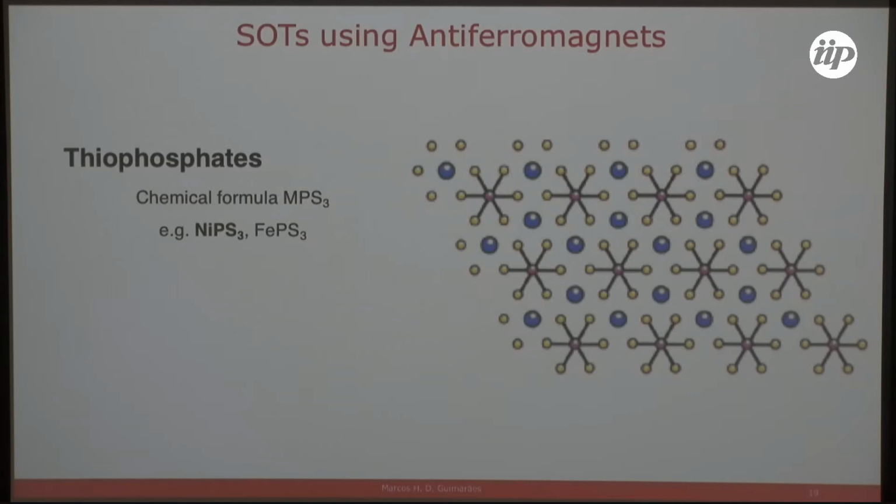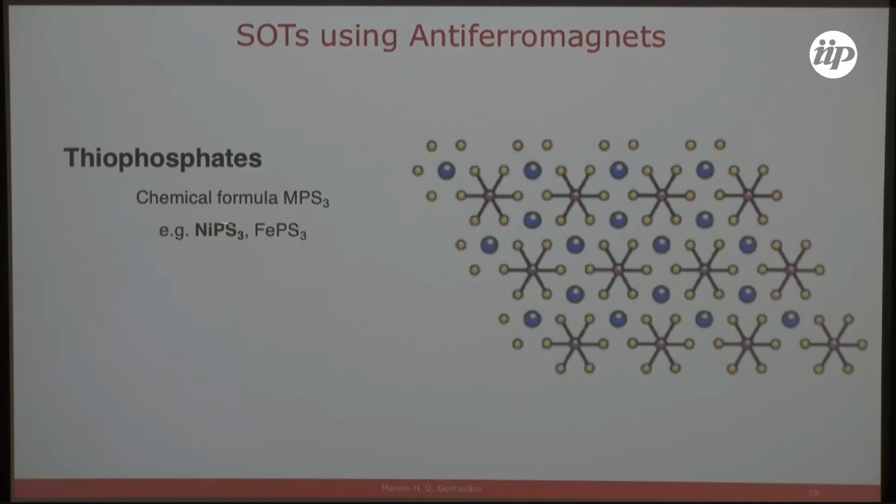Okay, so now I decided to try on antiferromagnets because they're a nice way to tune the crystal symmetries by temperature. And specifically, there's a family of layered antiferromagnets called metal thiophosphates, with the chemical formula metal phosphorus sulfur 3.